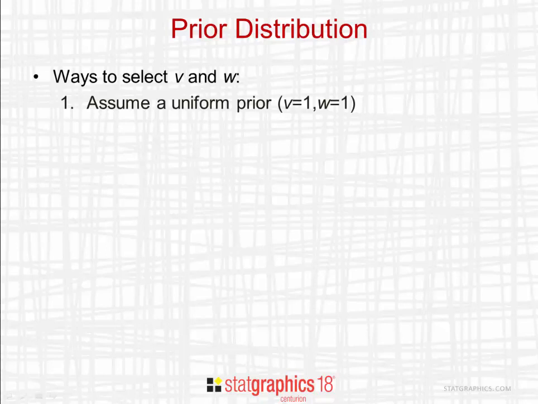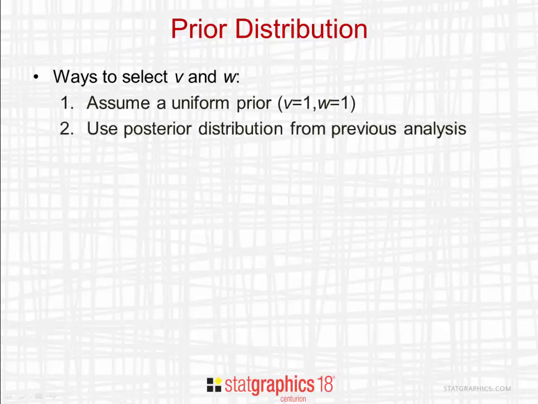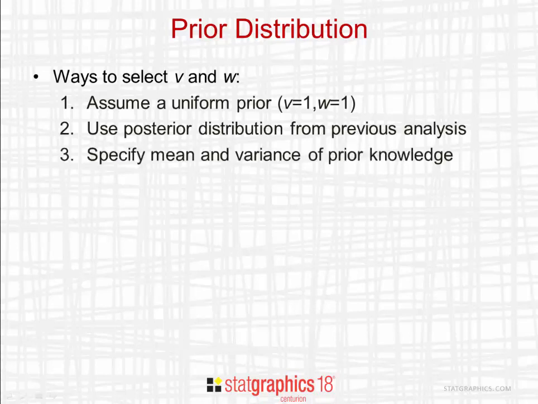A uniform beta distribution is defined by v equals 1 and w equals 1. A second way to select the prior distribution is to use the posterior distribution derived from a previous analysis.